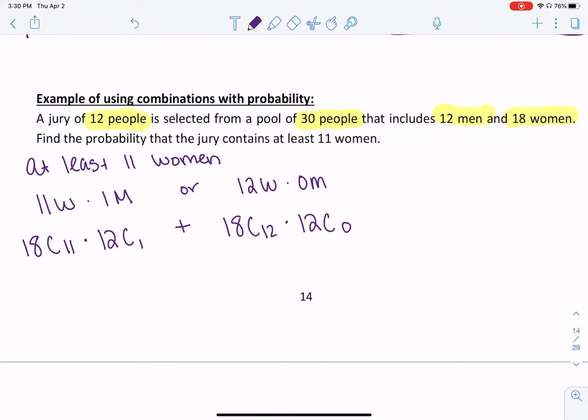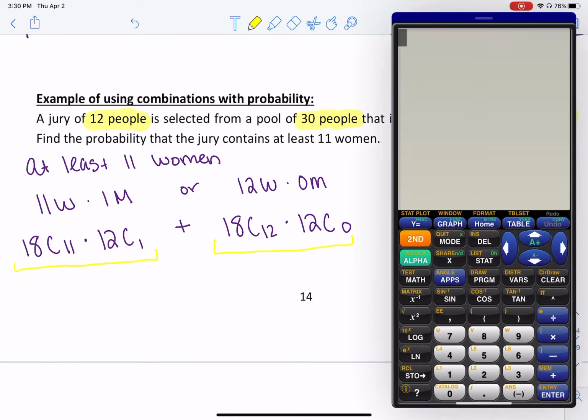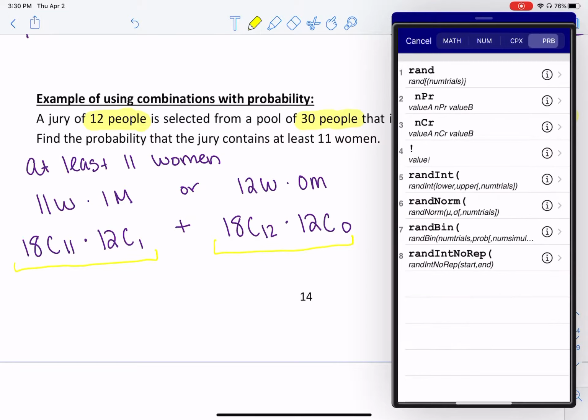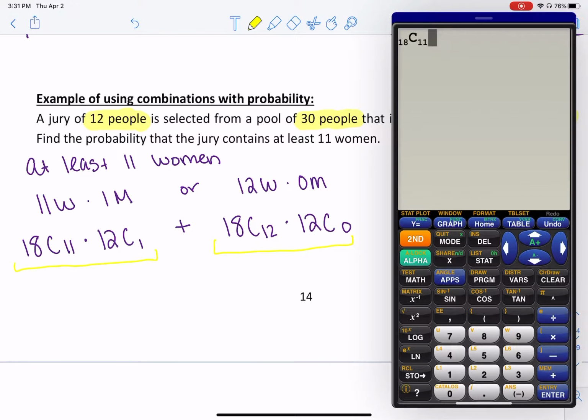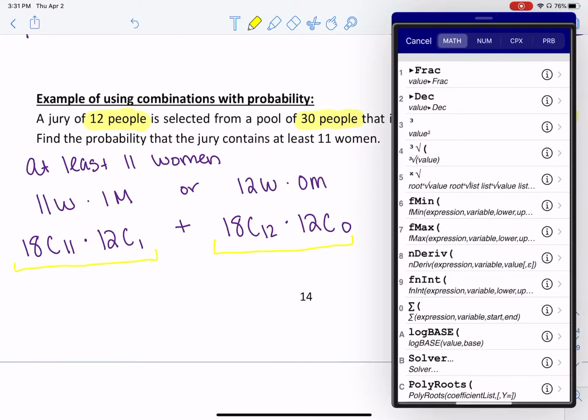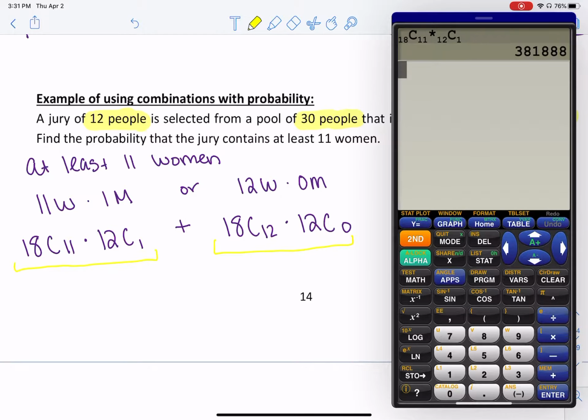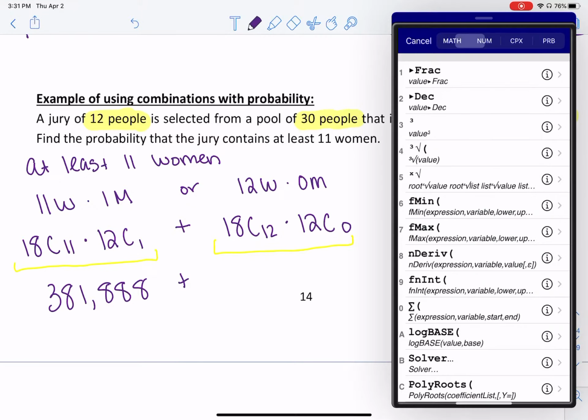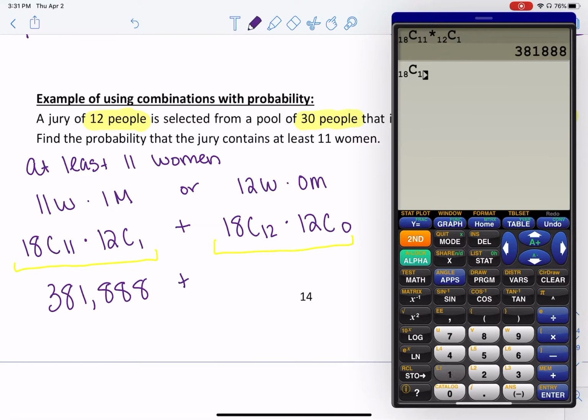Okay. So we want to figure out what both of these are here. So then we can add them together. So in my calculator, let's see here, let's do 18 times, okay, so that gives me 381,888 plus 18, we'll choose 12 women and 12 men, and we are choosing men.